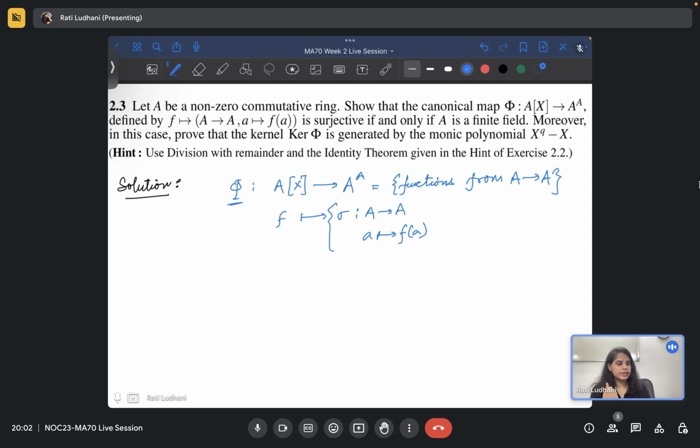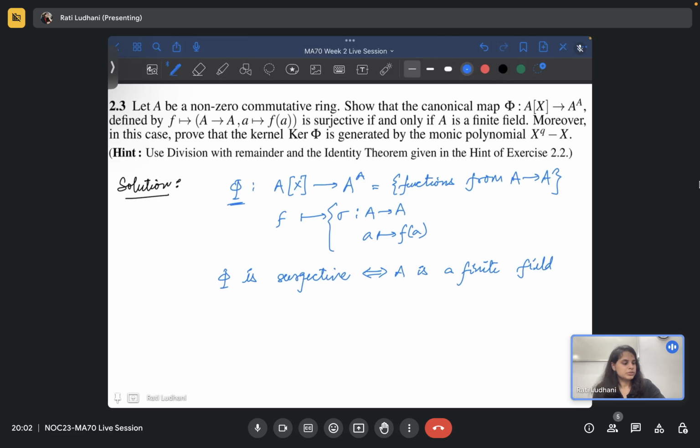Now you have to prove that this map phi is surjective if and only if A is a field. Sorry, not a finite set. It has to be a field.